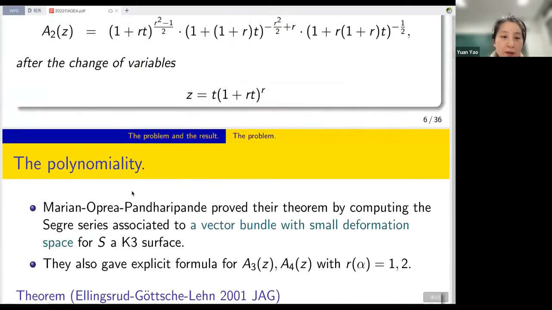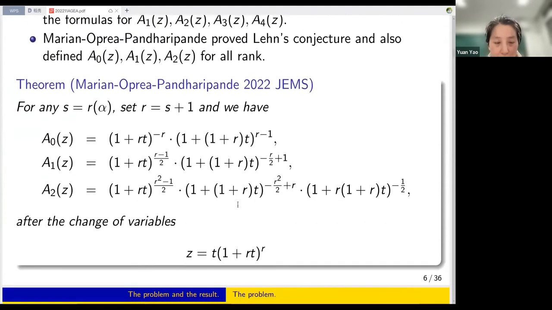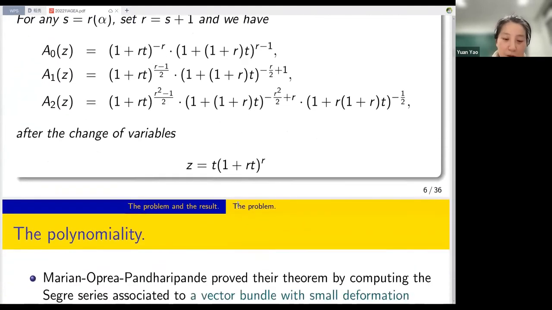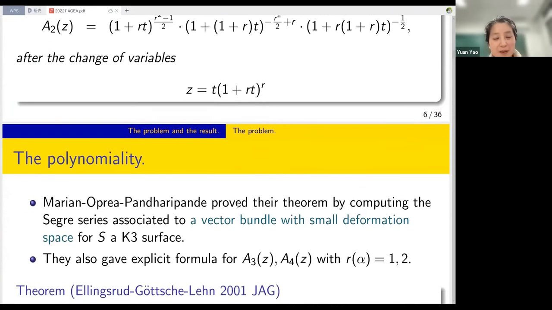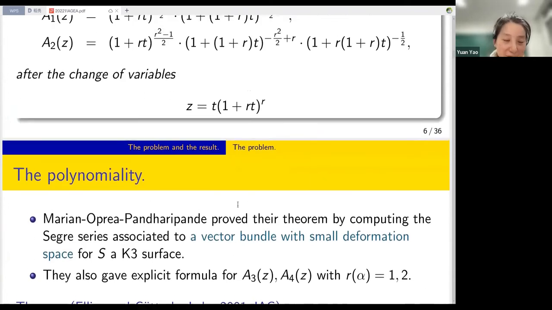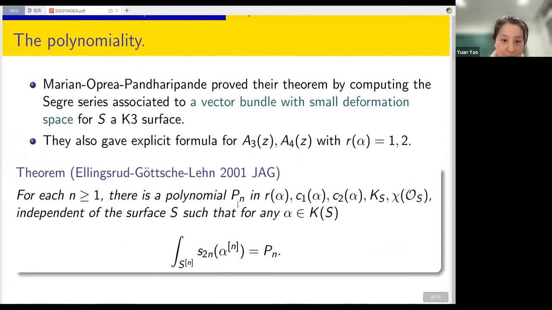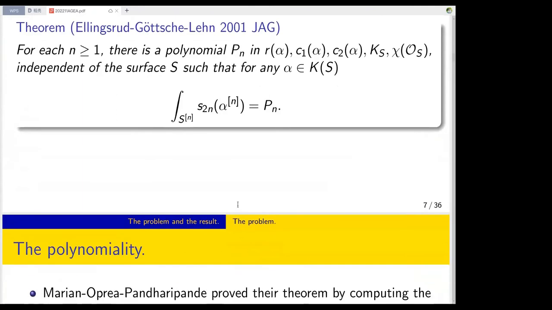So that's how they get it. Yes, actually, you can imagine that if you have a vector bundle, it should be relatively easier to handle.